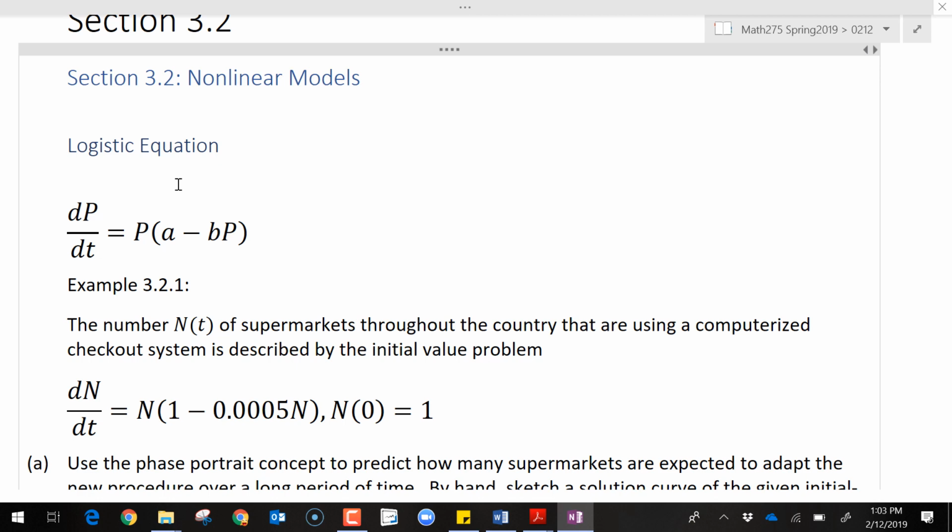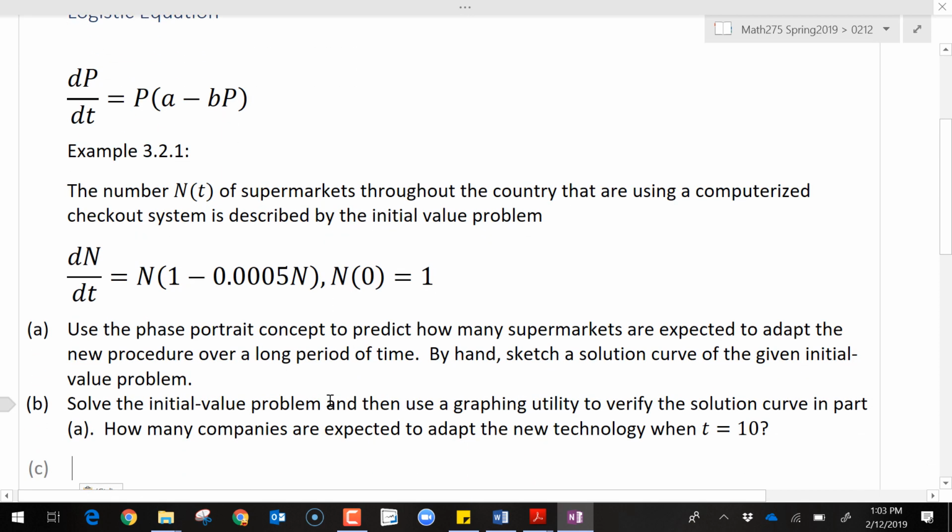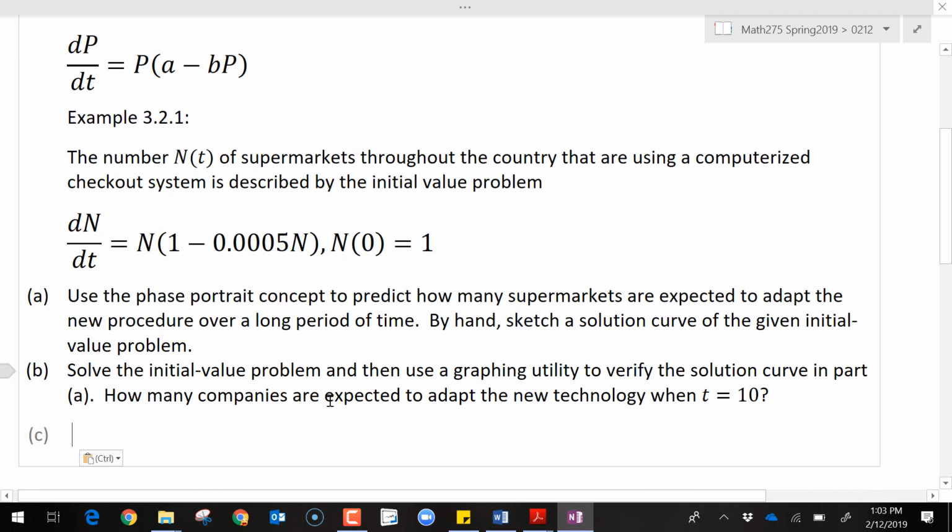So we have dN/dt equal to N times (1 minus 0.0005N), and then we have an initial condition: N(0) is equal to 1. The interesting thing about this is, what's this called? dN/dt is equal to that.